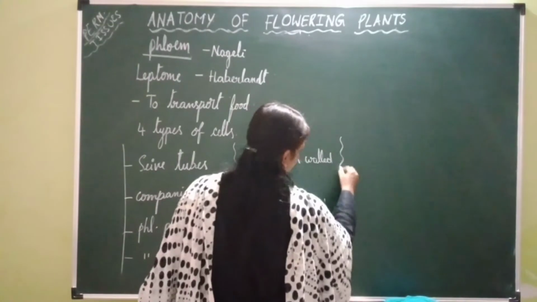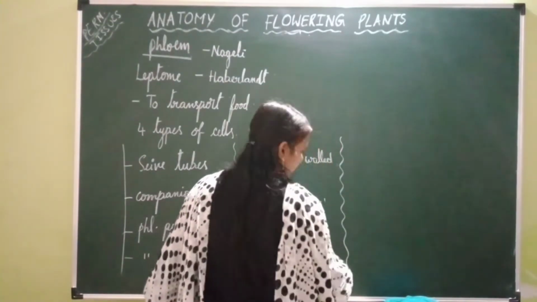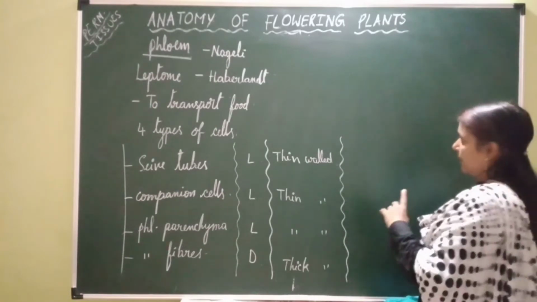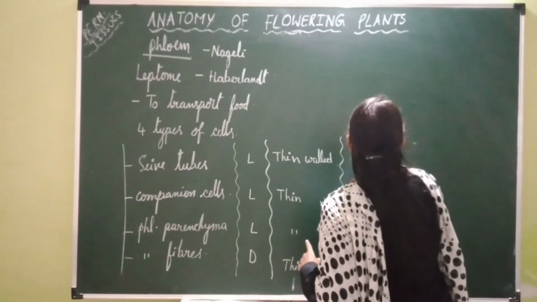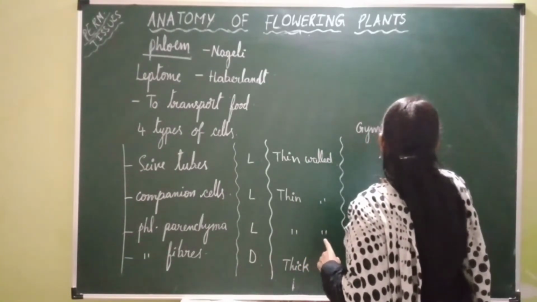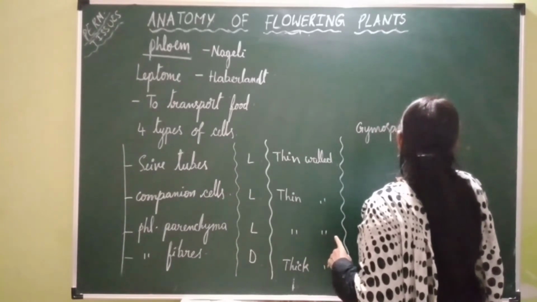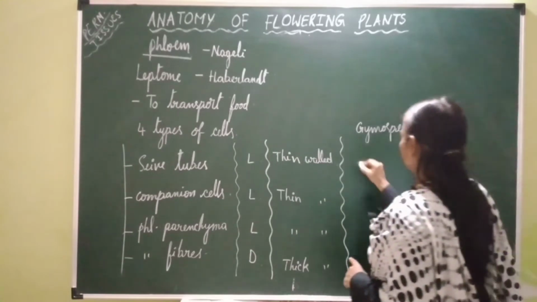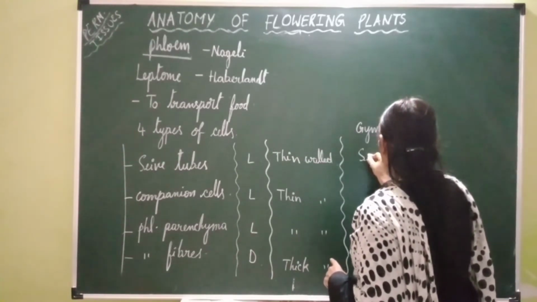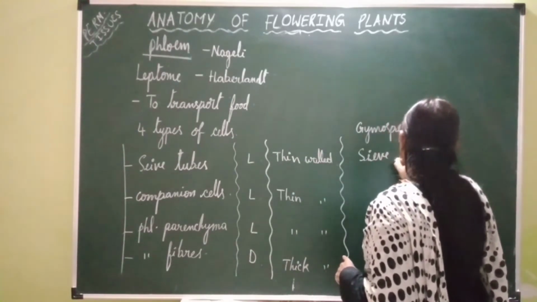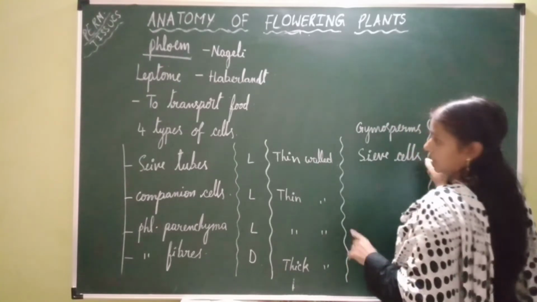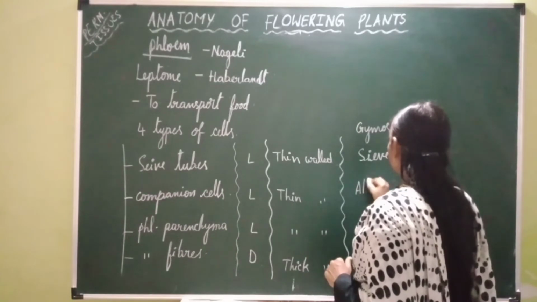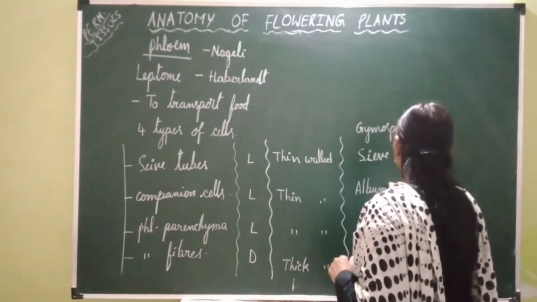Next, coming to what types of cells are present in phloem in gymnosperms and in angiosperms. In gymnosperms, sieve tubes are absent. Instead of sieve tubes, sieve cells are present. Companion cells are also absent in gymnosperms. Instead of companion cells, albuminous cells are present.